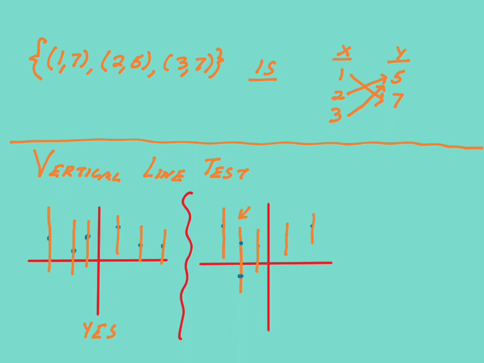So maybe right here, this point is -2, -1, and this point right here is -2, 2. So you have x values that have multiple y values. So this is not a function.